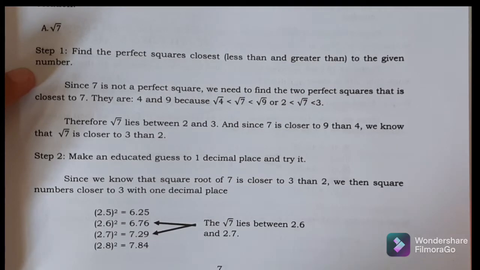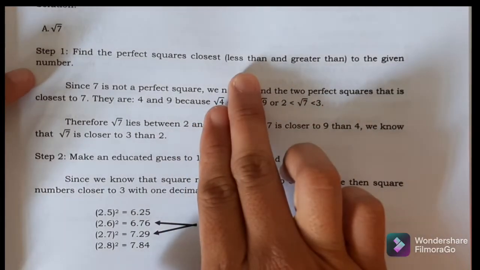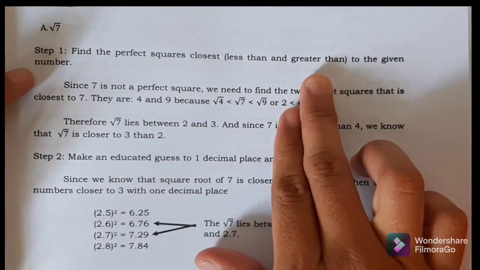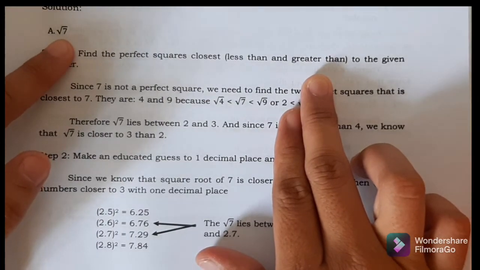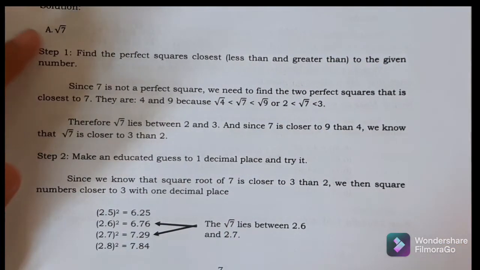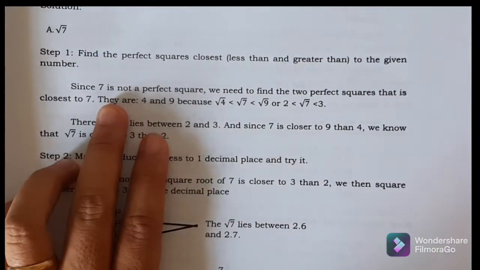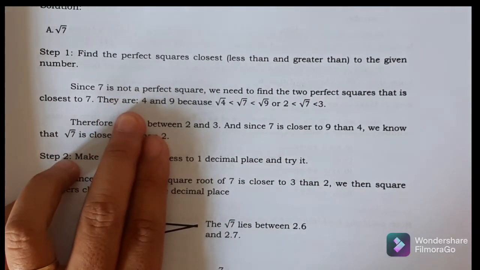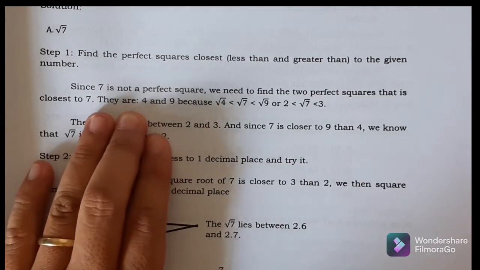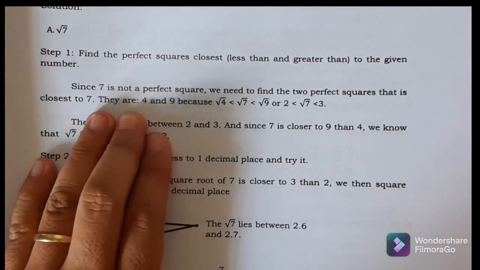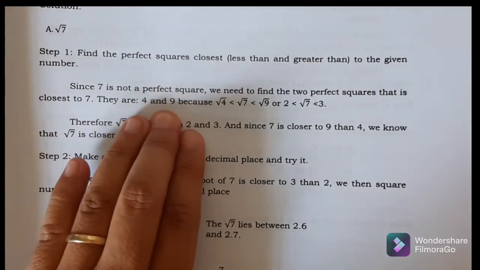Closest, yung isa is less than, at yung isa naman is greater than sa given number, which is 7 in our example. Since yung 7 ay hindi perfect square, kailangan natin hanapin yung 2 perfect squares that are closest to 7. At ano yung mga yon? That is 4 and 9.